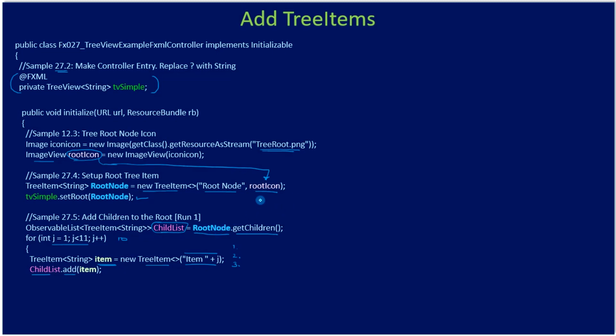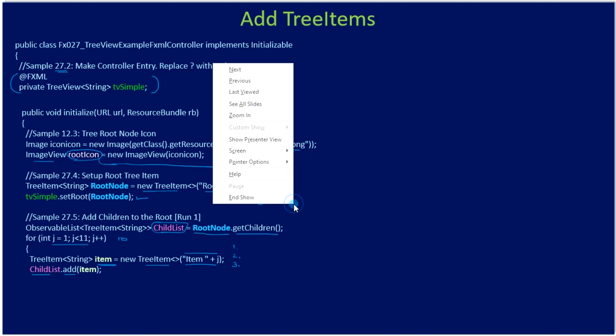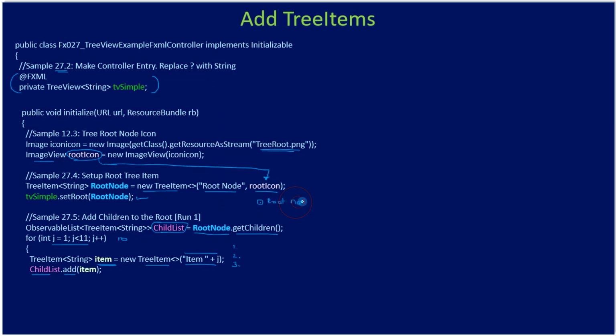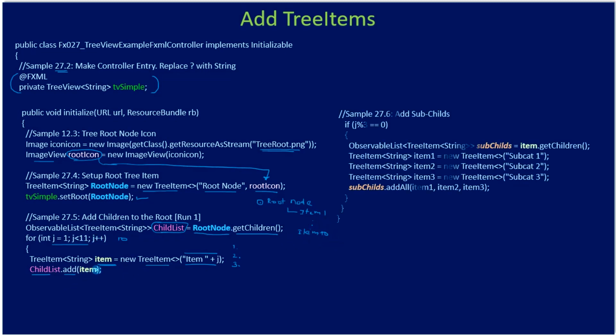It means the root node will display with an icon, and it is named as root node. Then it will have children. Each child is named as item 1, item 2 up to item 10, right?